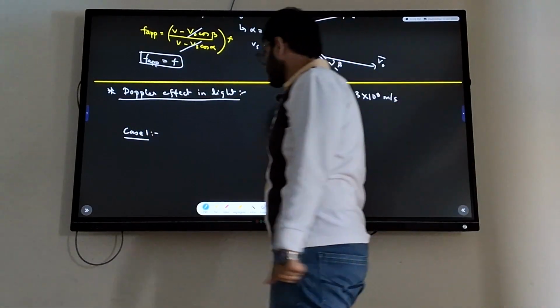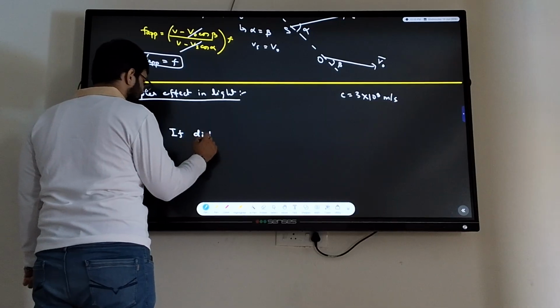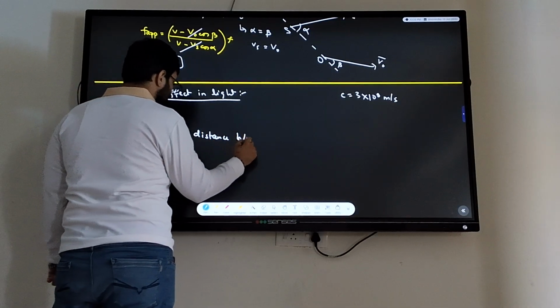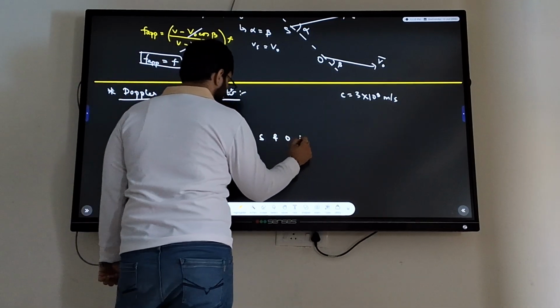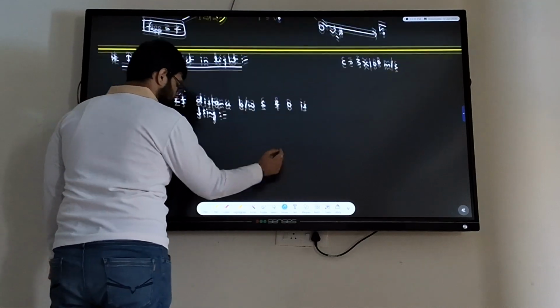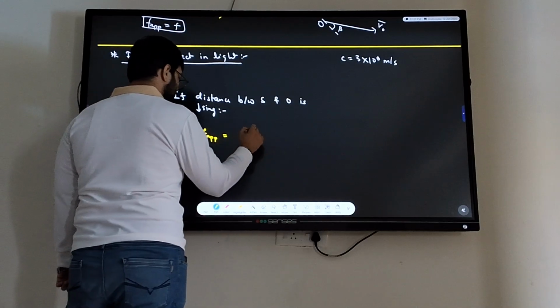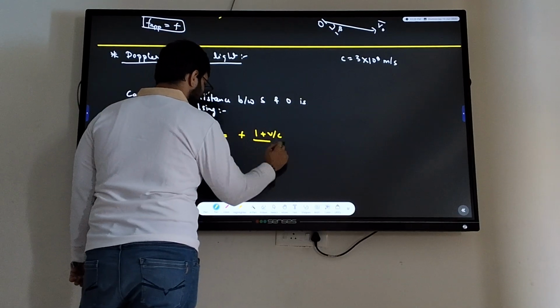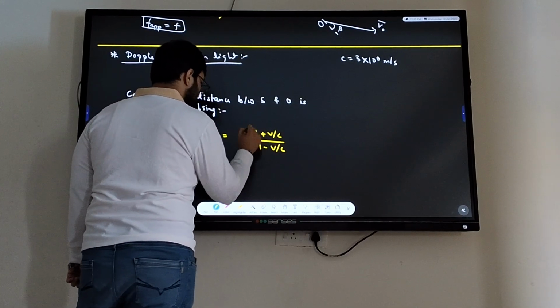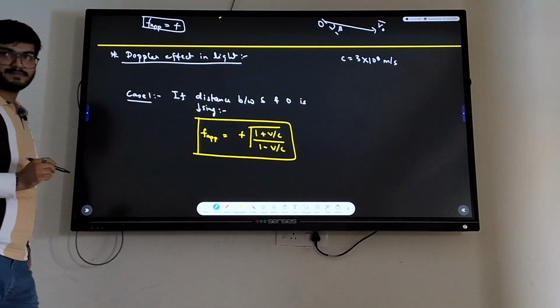So what is the formula? So if distance between source and observer is decreasing, then the formula is F apparent is F into root of 1 plus V by C over 1 minus V by C. This is the formula.